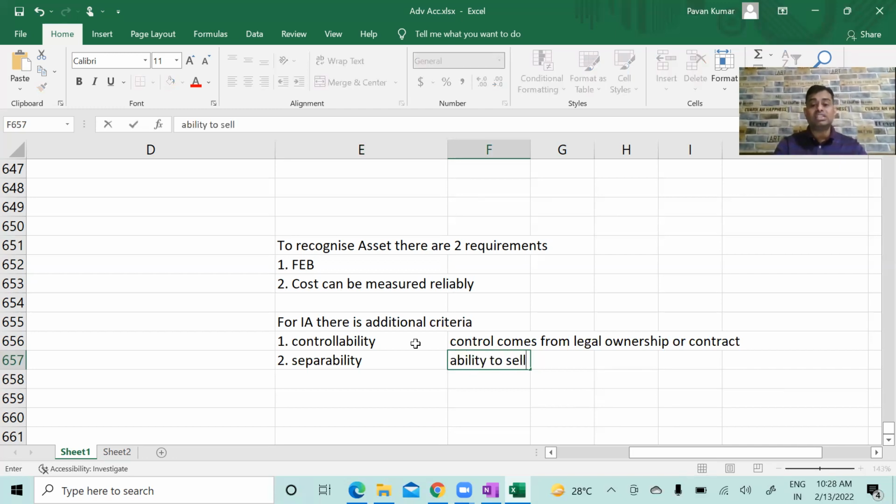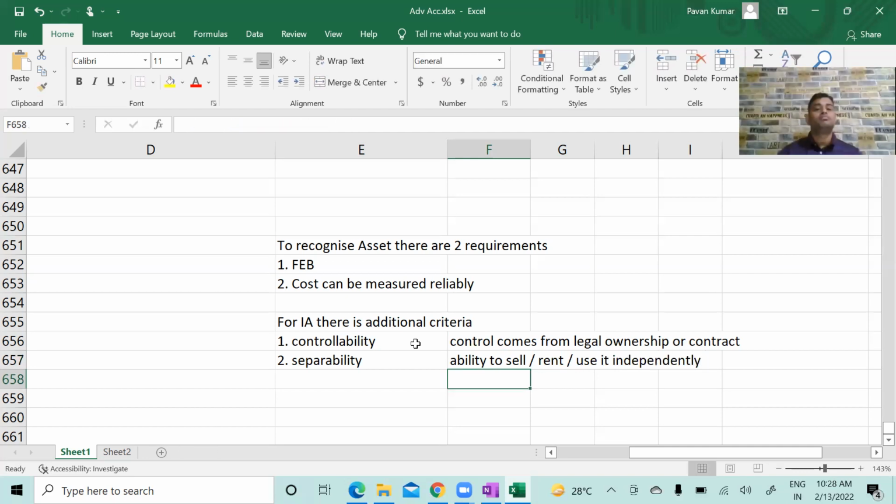What is separability? Ability to sell or rent or use it independently from others. So for example, in this operating system, can I separate the operating system from mobile and use it?